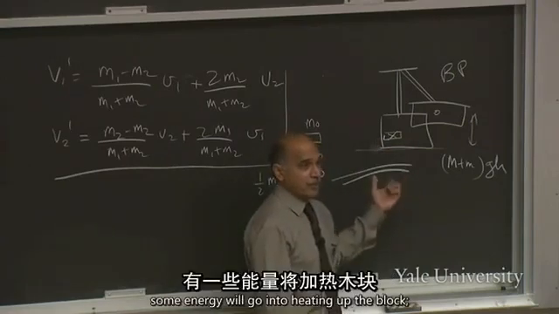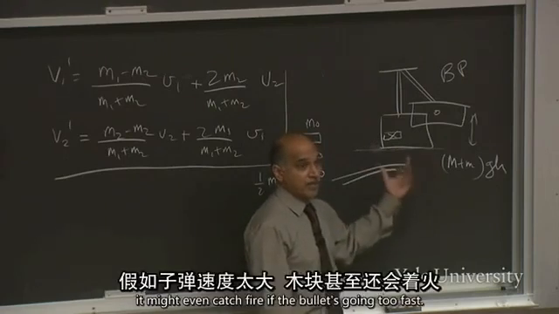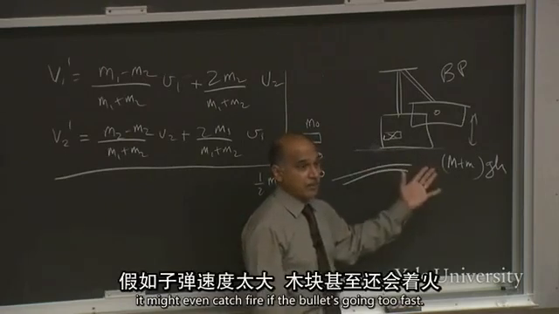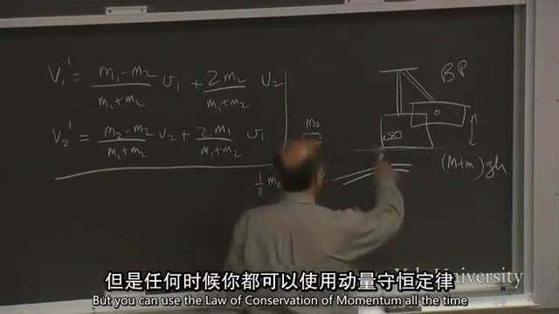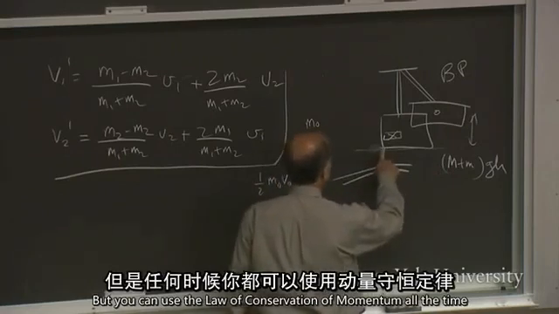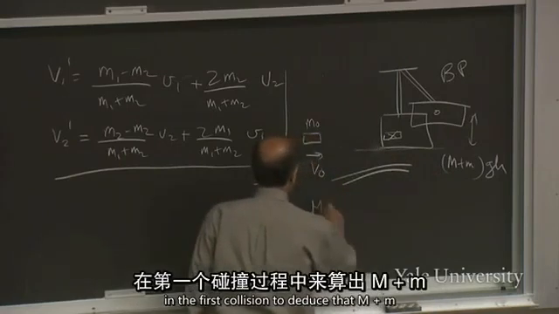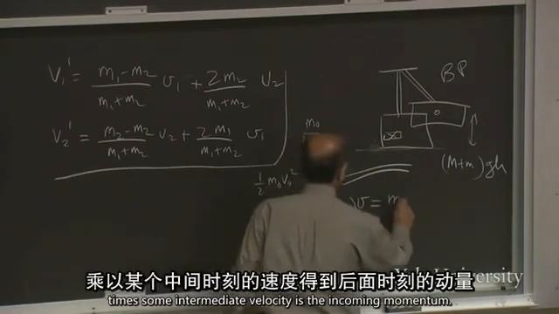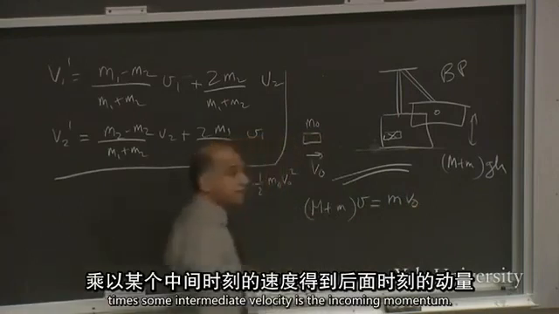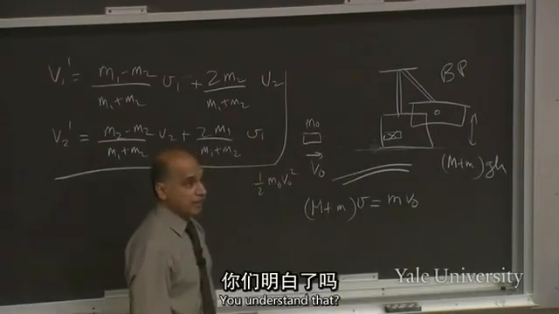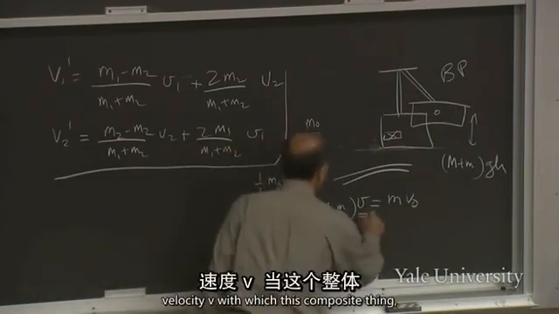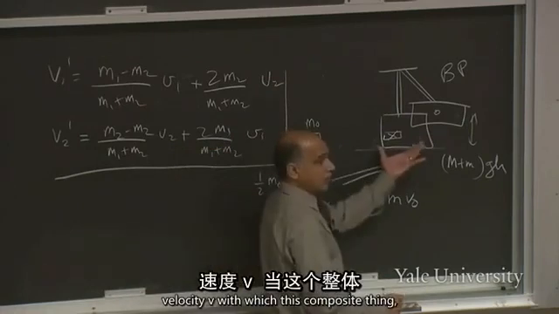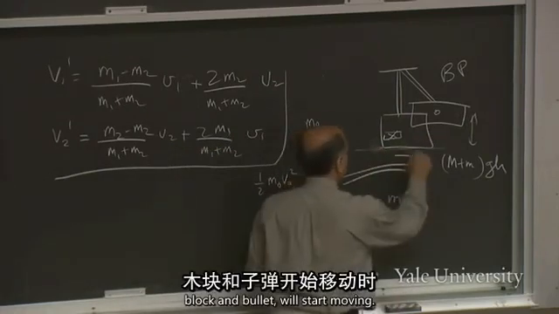Because what will happen is some energy will go into heating up the block. It might even catch fire if the bullet's going too fast. But you can use the law of conservation of momentum all the time in the first collision to deduce that (m plus m) times some intermediate velocity is the incoming momentum. You understand that? From that, you can find the velocity v with which this composite thing, block and bullet, will start moving.